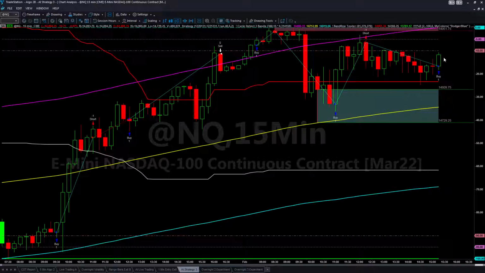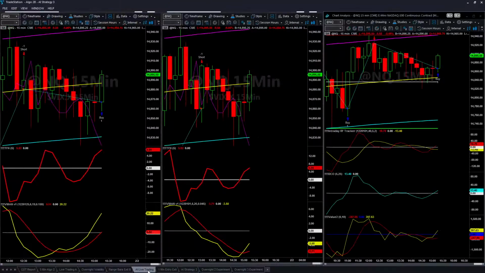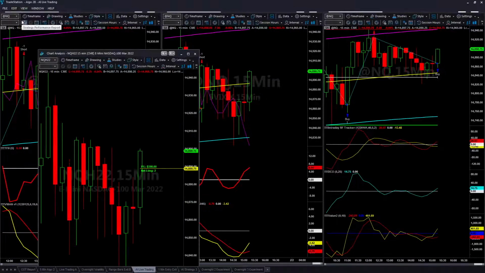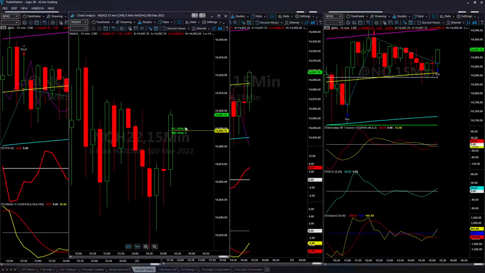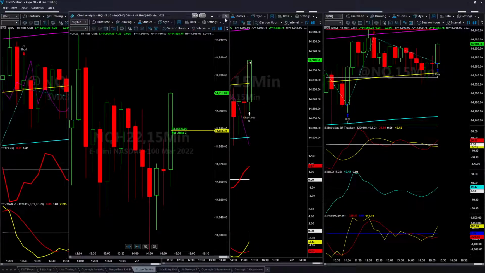So I just took a trade. It's a long on this candle right here. And I'm already up just a couple $100 on that too. There you go if you want to see it. There we go. Nice, right?